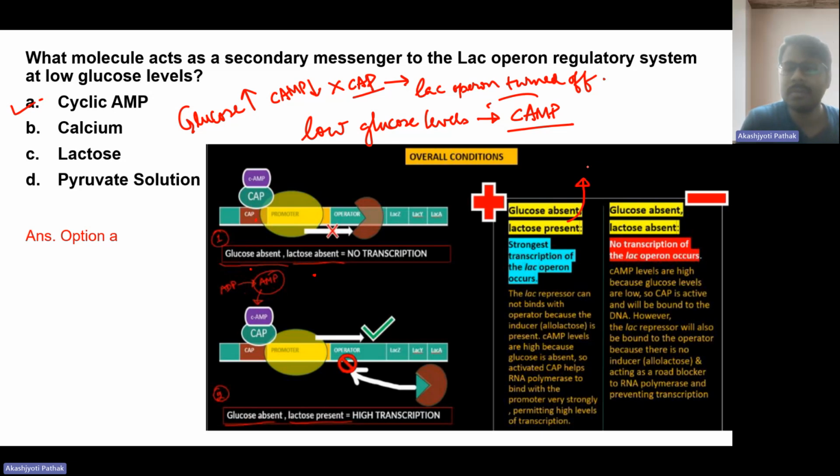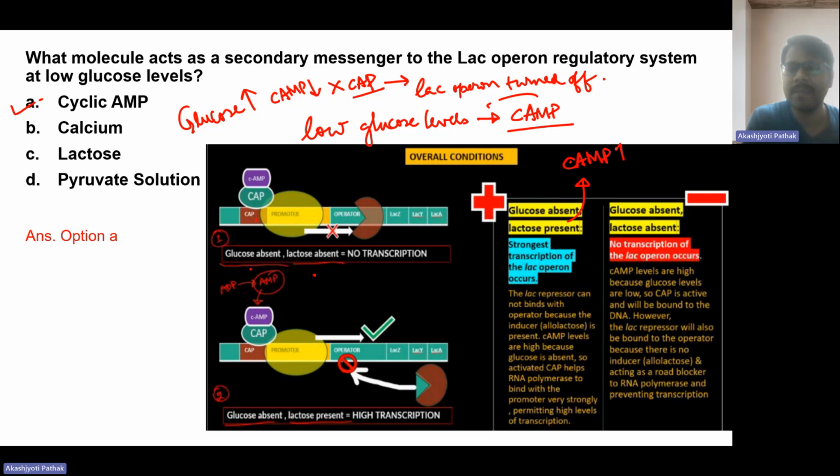First of all, lactose will bind to the repressor and change its conformation so that it can no longer bind to the operator, and the RNA polymerase can transcribe the structural genes. At the same time, my cyclic AMP levels will also be very high, so both things are acting together.